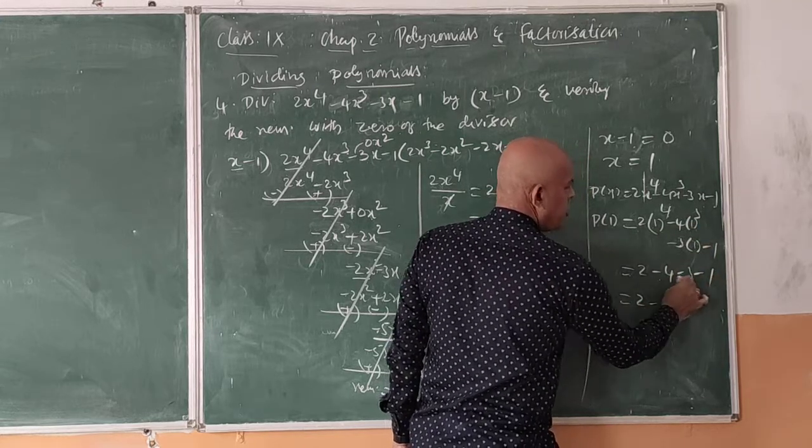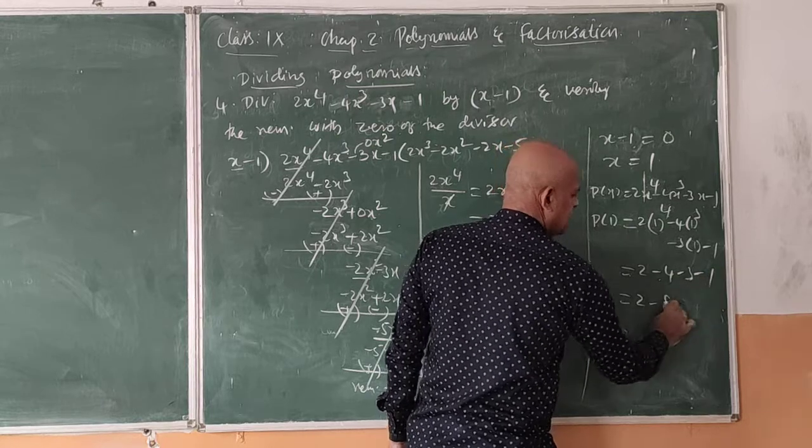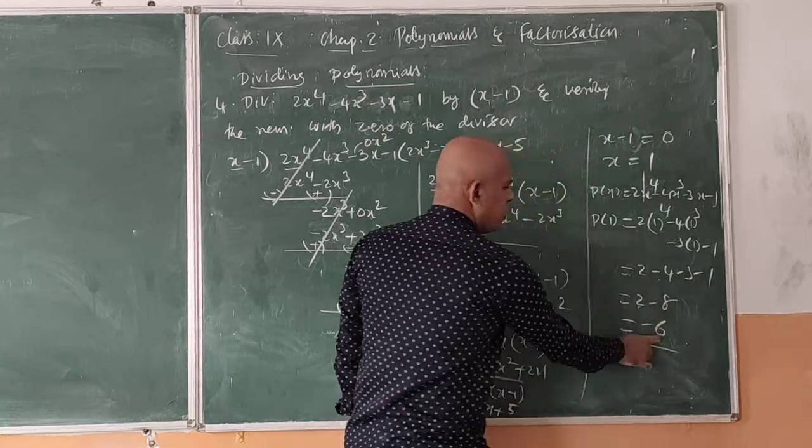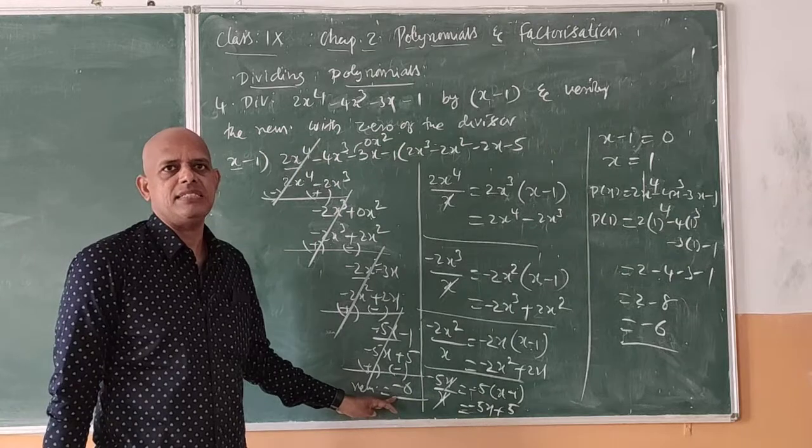These are negative: minus 4, minus 3, minus 7, minus 1, minus 8. 2 minus 8, minus 6. Here also the remainder is minus 6. So it is verified.